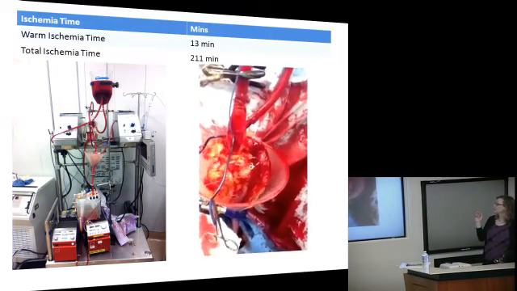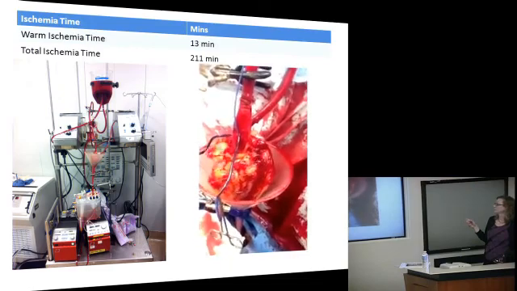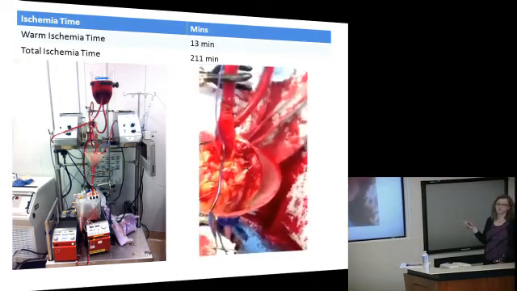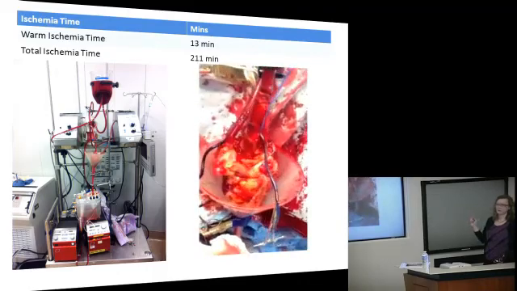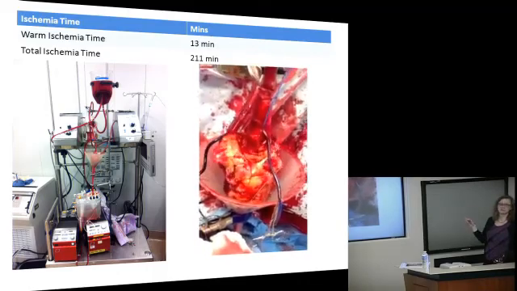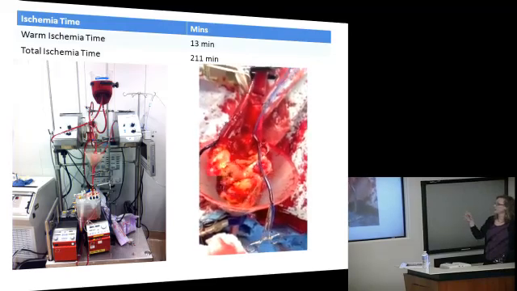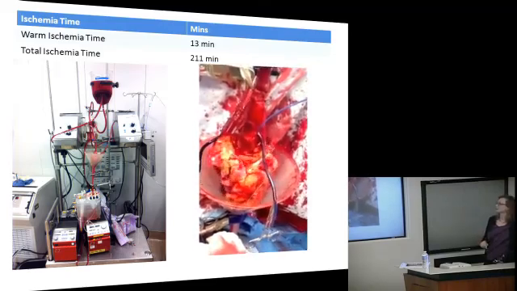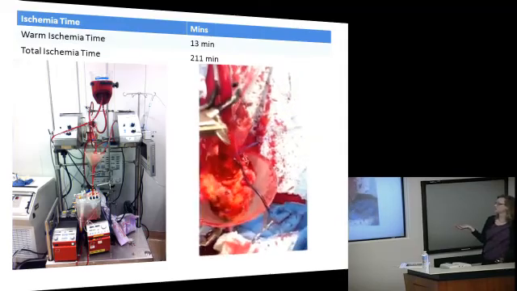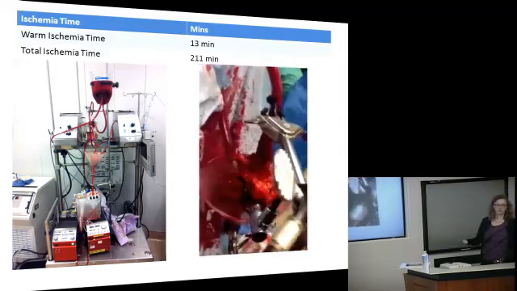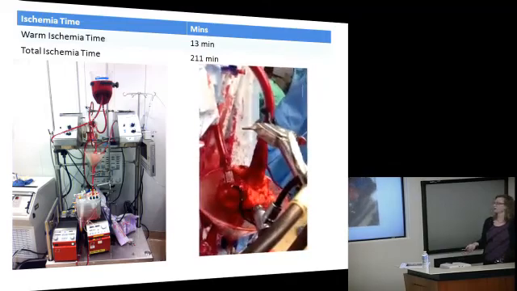What I would point out right here is that this has not been reported in the literature before: a DCD heart that long after removal actually performing some work. Now, whether it's performing enough work to support life, that's the question that we're trying to find out.